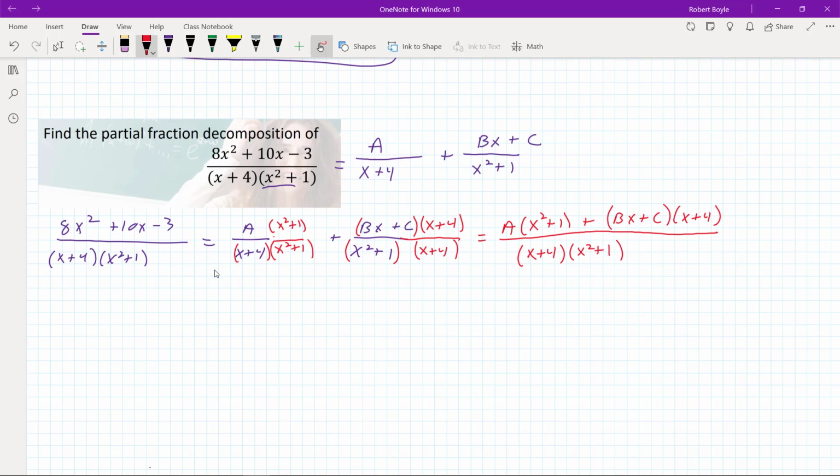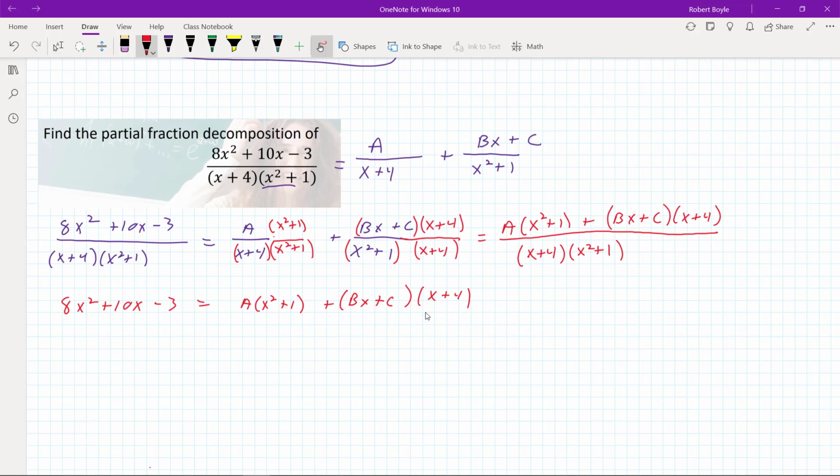So notice we have common denominators. We can multiply the denominators out, and then we will have that 8x squared plus 10x minus 3 is equal to a times the quantity x squared plus 1 plus bx plus c times the quantity x plus 4.